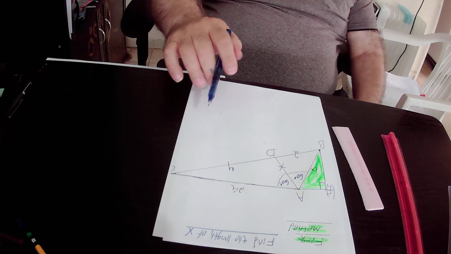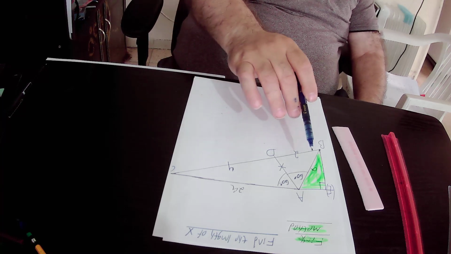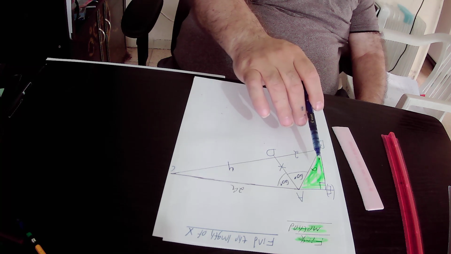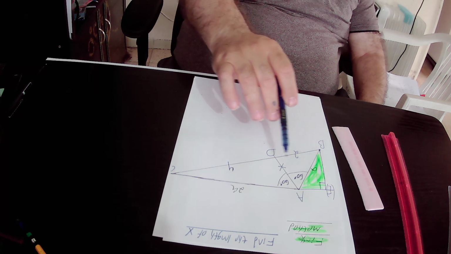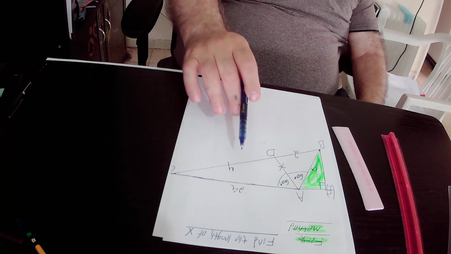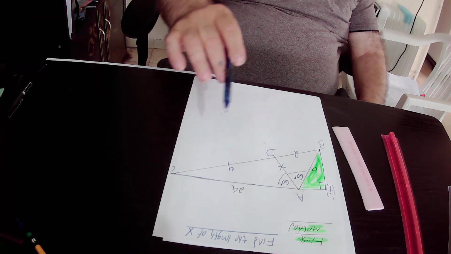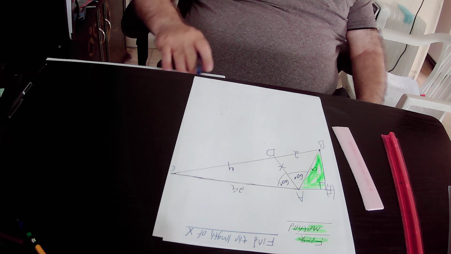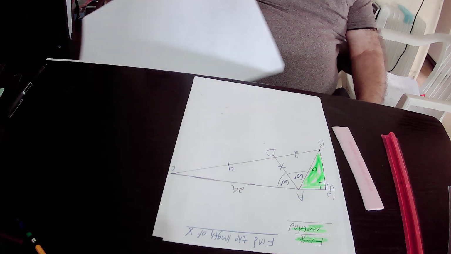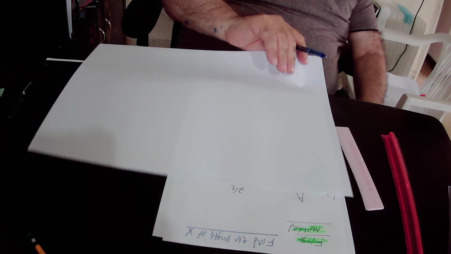So we can write down that CE is a straight line.